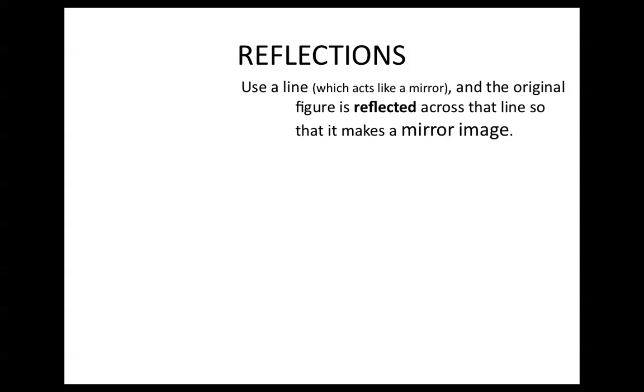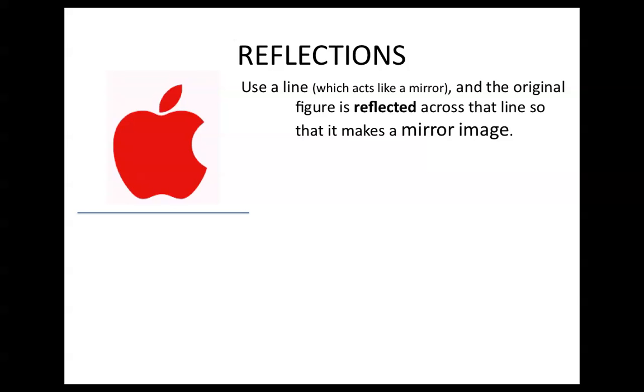And the original figure gets reflected across that mirror line so that it makes a mirror image. And it looks something like this. If you have a line, and that line is like a mirror, you reflect the image to make your reflection.